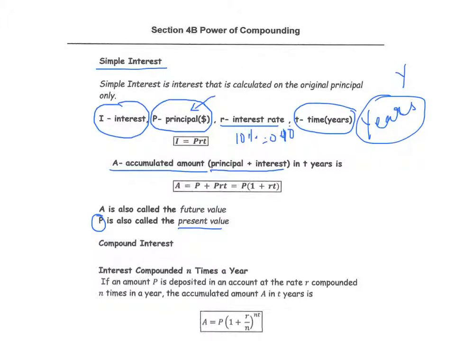So for example, suppose the time is given in months. Let's say the time is 4 months. We cannot plug in 4 into the formula because that would mean that we are trying to figure out the interest or the principal or the accumulated amount for 4 years. So we need to convert the 4 months into years. This is how we do it. 4 months times, and we use dimensional analysis, 12 months is equal to 1 year.